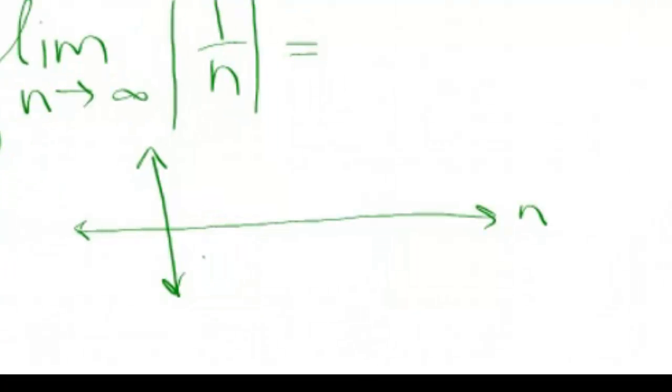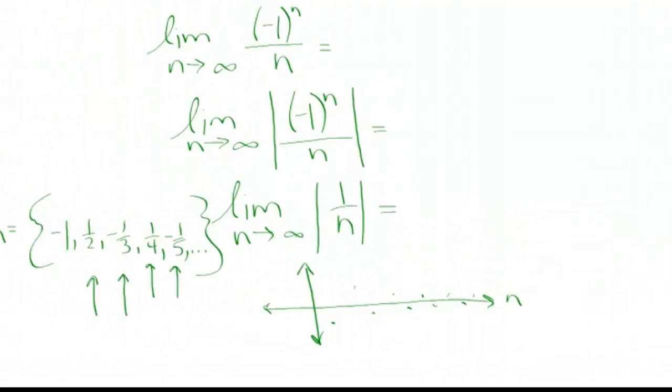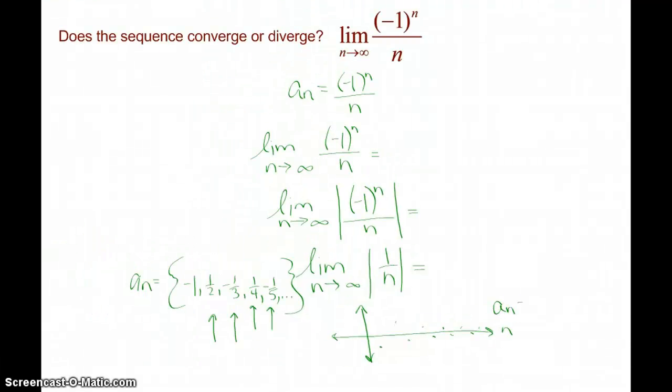Even though they're jumping above and below this n axis, as n gets closer and closer to infinity, they're hovering right above and right below the output value of 0. If we were graphing a function, we would say it's acting like so.